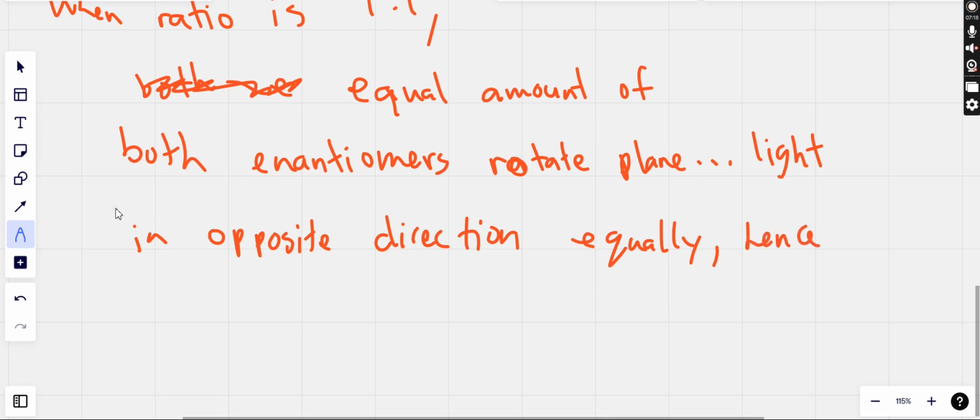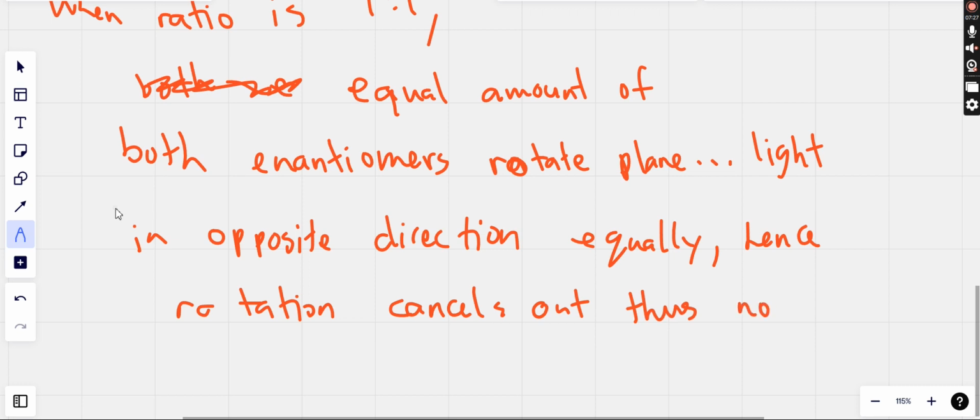Hence, the rotations cancel out. Thus, no net rotation.